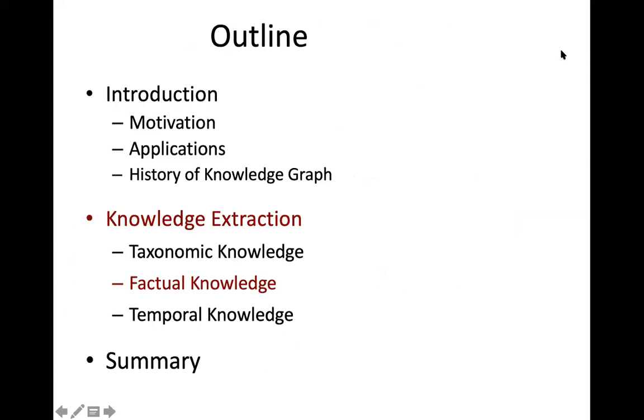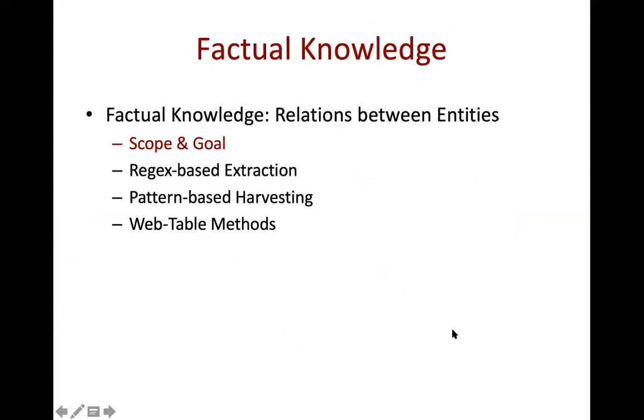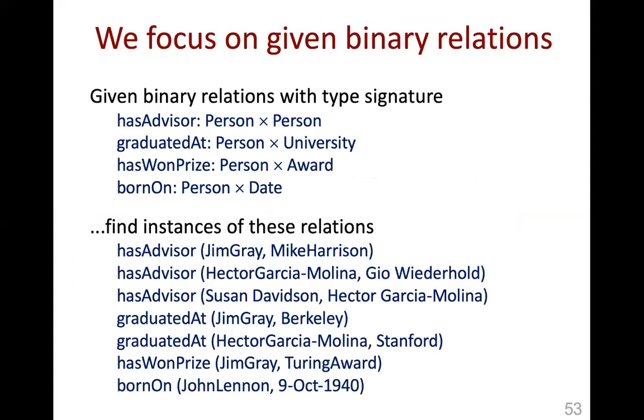We can also have factual knowledge. So factual knowledge has a relationship between entities in terms of scope and goal. So it can be a given relationship, like has advisor is a relationship between two people. Graduated at is a relationship between person and university.